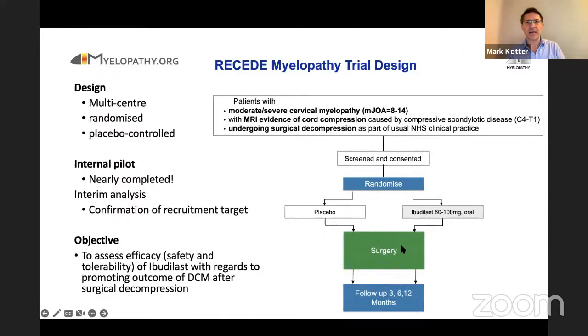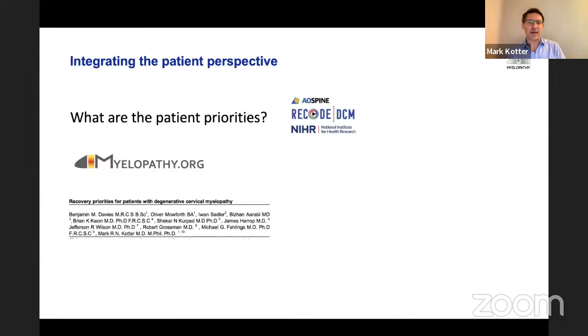The patients are randomized to 2 arms, and they start treatment before surgery, hold during surgery, and then continue treatment for another 6 months. This trial has started. We've just finished the pilot study, and we can already report safety.